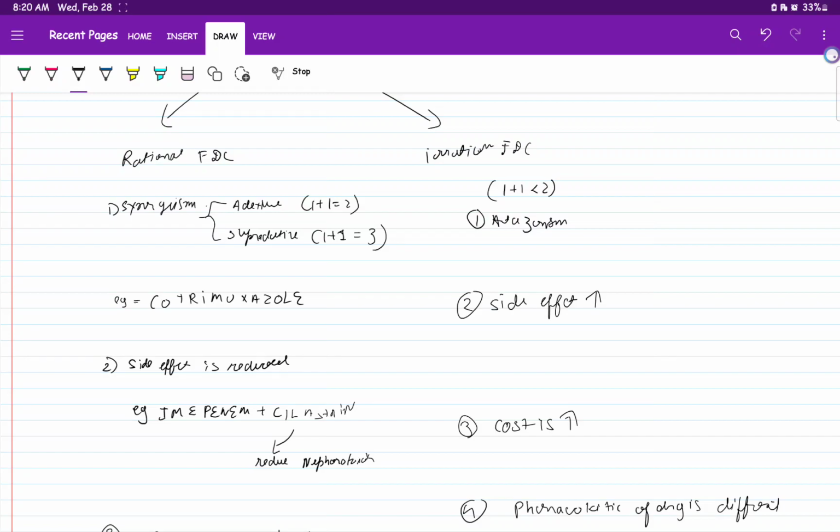Synergism, additive and supra-additive. Supra-additive example is cotrimoxazole. It is a combination of sulfa drugs and trimethoprim.